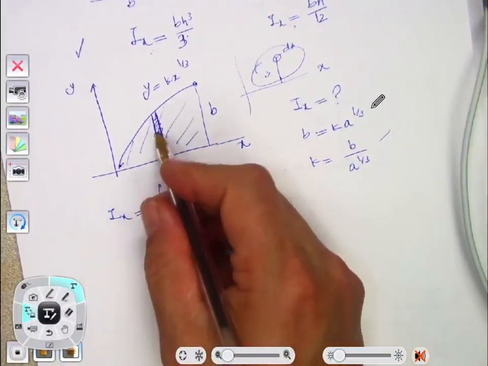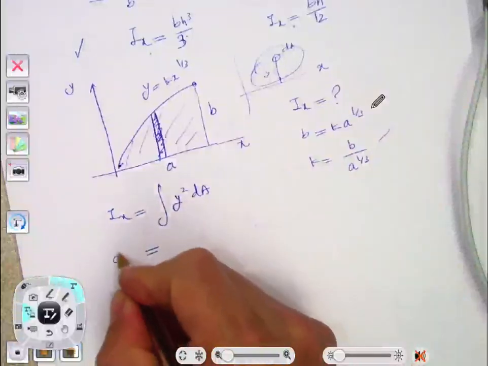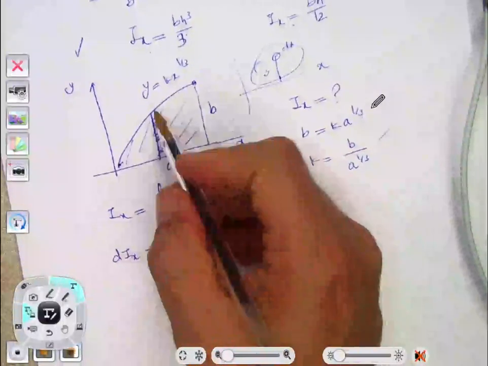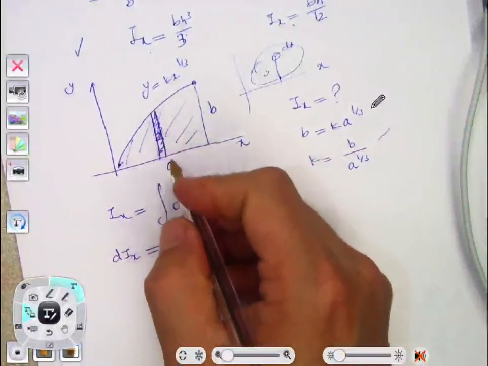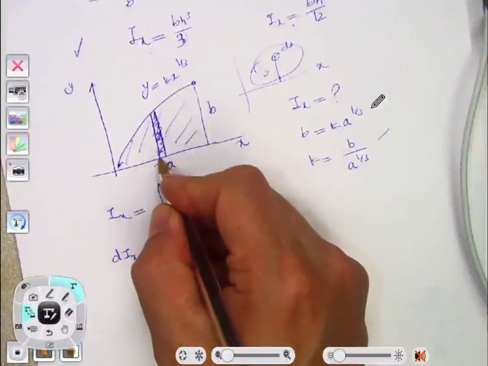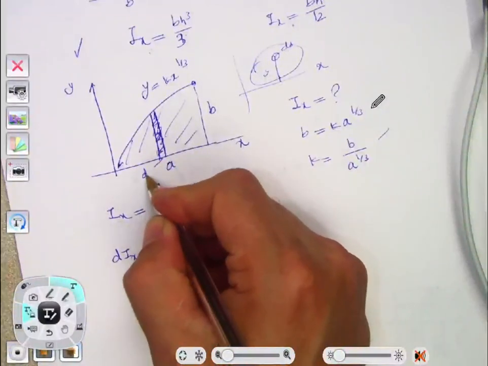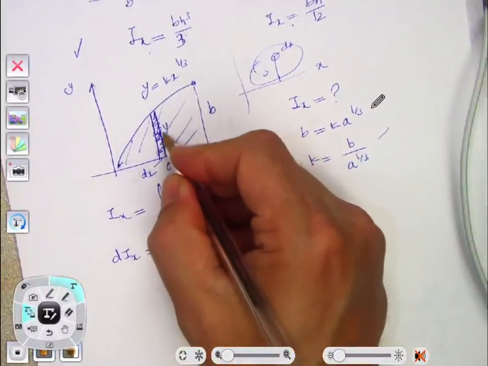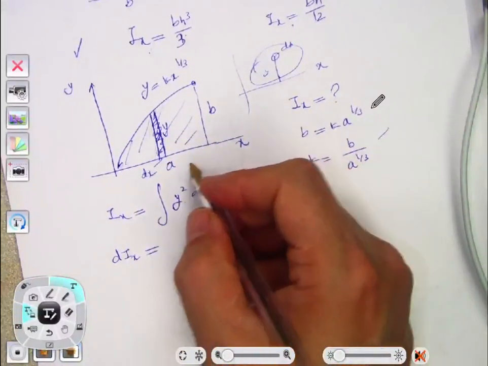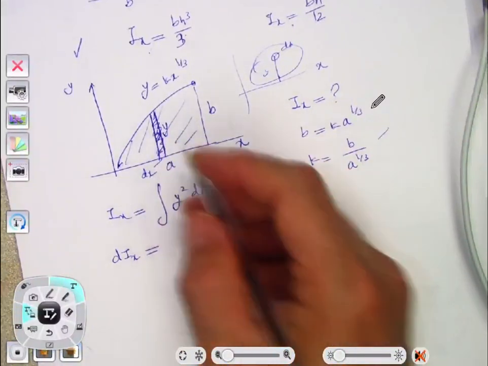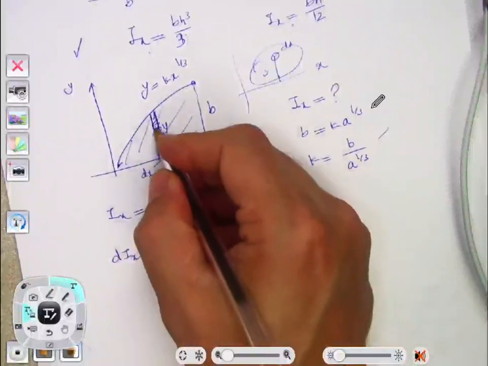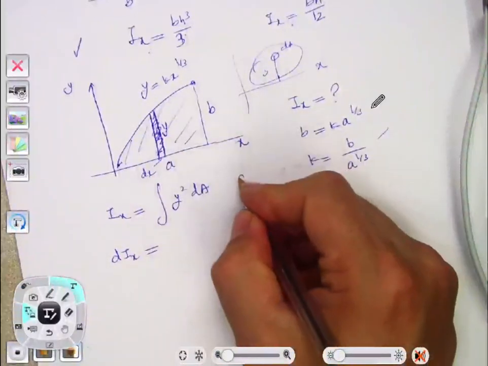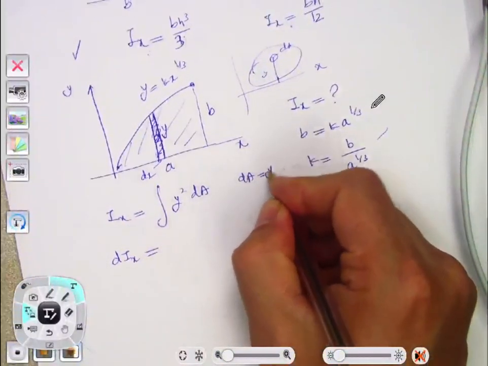This differential element is a narrow rectangle, a differential rectangle. What is this length? It is dx. What is this height? It is y. So for my differential element, dA is y dx.